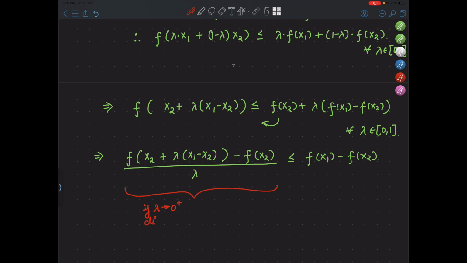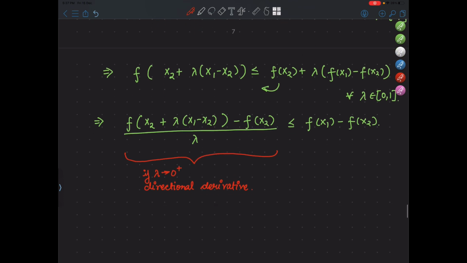So the directional derivative of f at x2 in the direction x1 minus x2, correct?